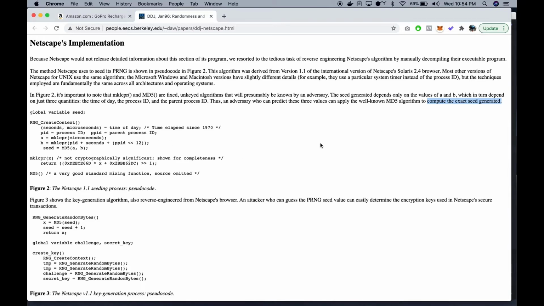And therefore, what do you have? You have the seed, and then you have all the future random numbers that are generated. You're going to get hold of the cryptographic keys used by the application. So, big problem here. And this was the line that I was referring to. This is when things go wrong.